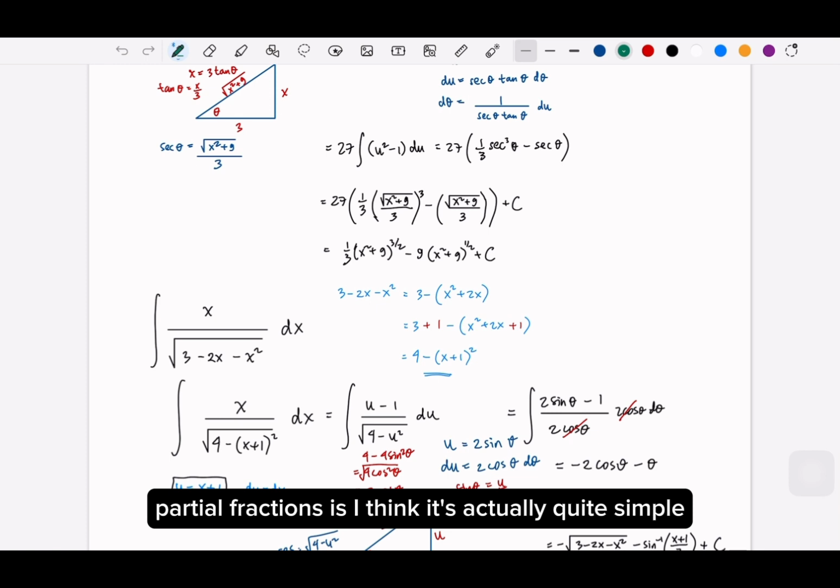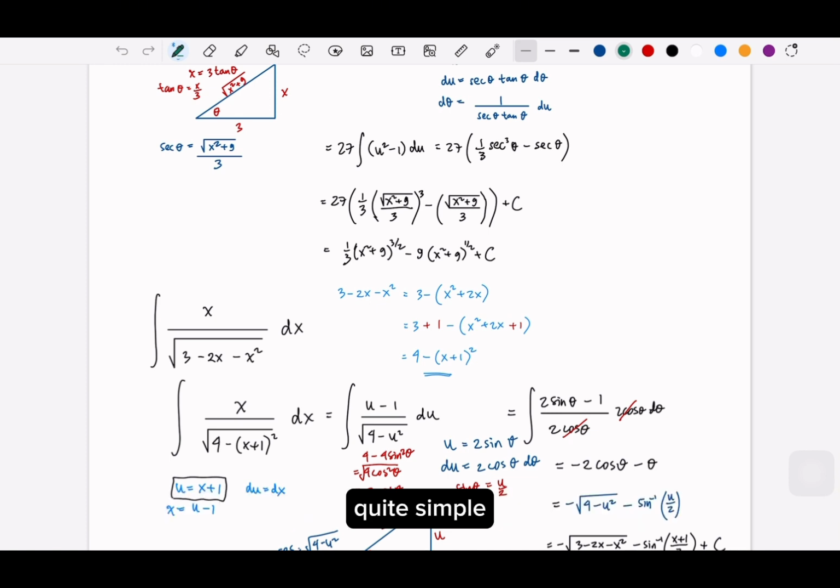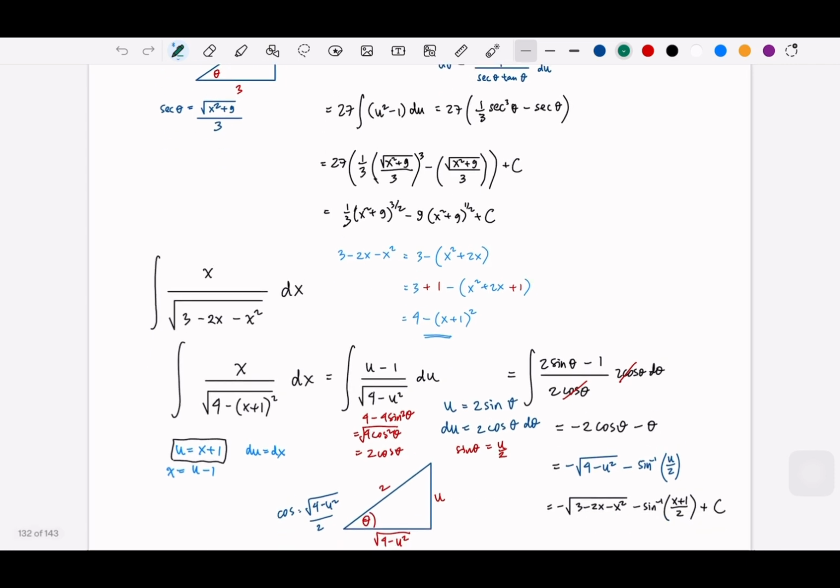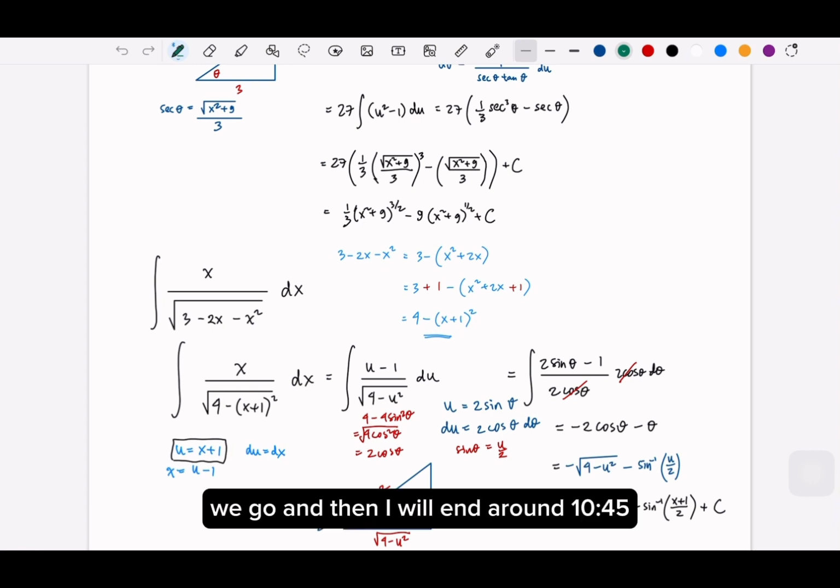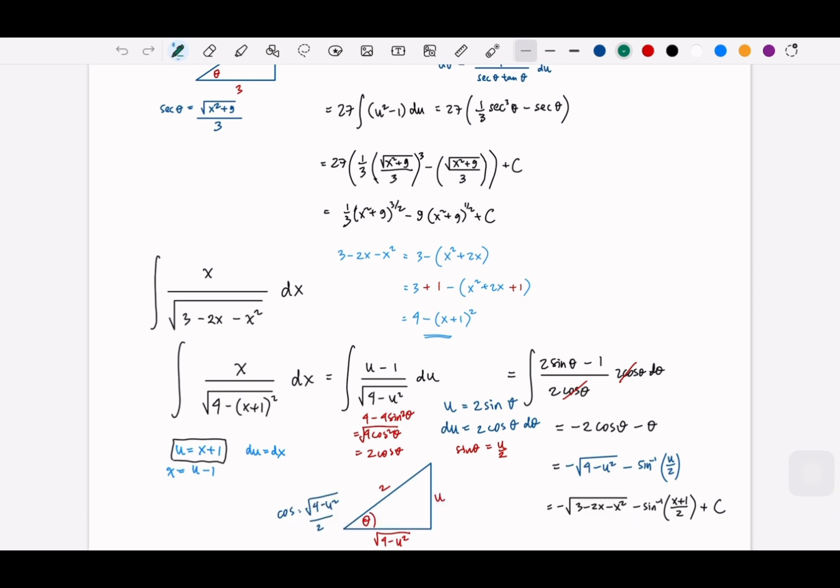Partial fractions is, I think, actually quite simple. Do you want to take a break, or do we go and then I will end around 10:45?